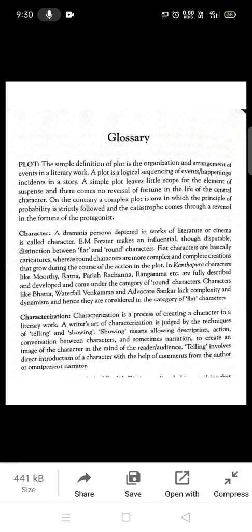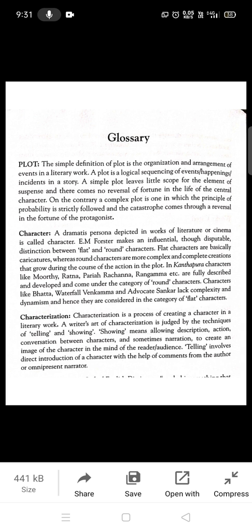Throughout the plot, throughout the story, a flat character doesn't change. He or she remains the same. The writer does not need to reintroduce the flat character, because it doesn't change throughout the story.